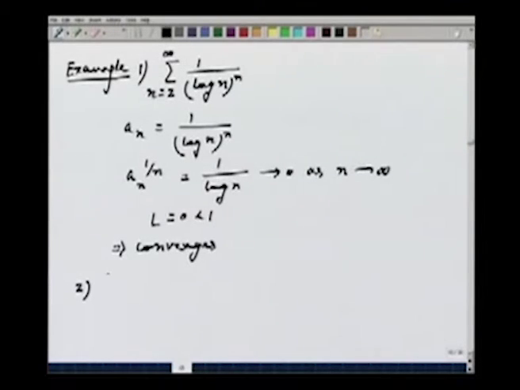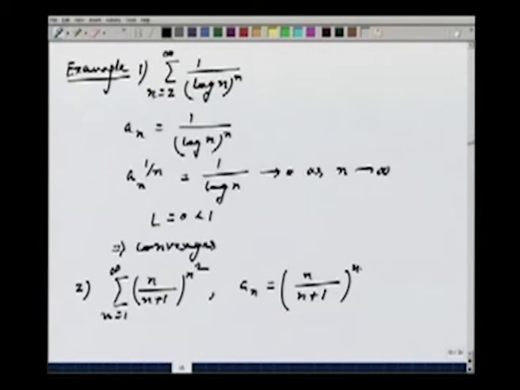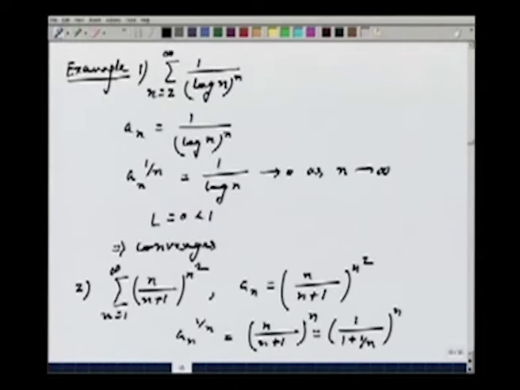Similarly, I can look at summation n by n plus 1 whole to the power n square. So in this case an equals that, which means an to the power 1 by n turns out to be the same as, okay.